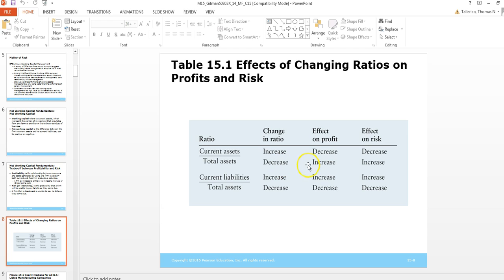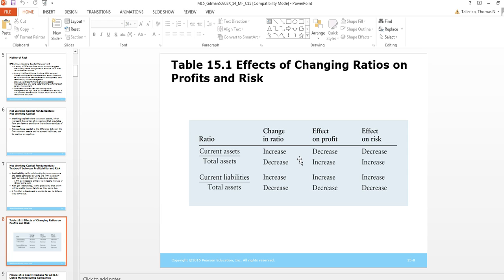And if this decreases, it'll increase your profit, right? But it also is going to increase your risk because you're basically running low on assets, right?